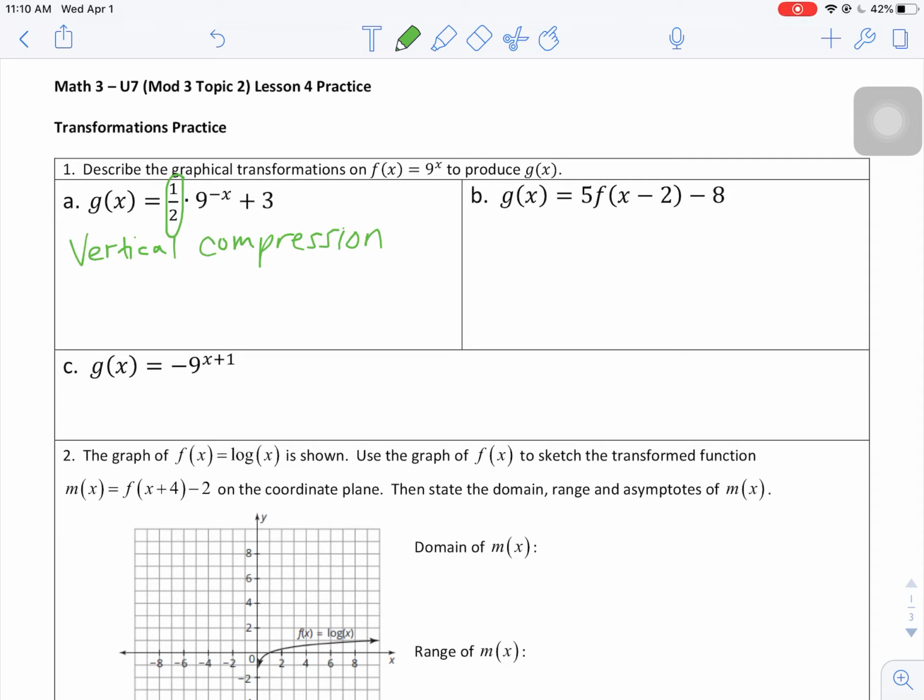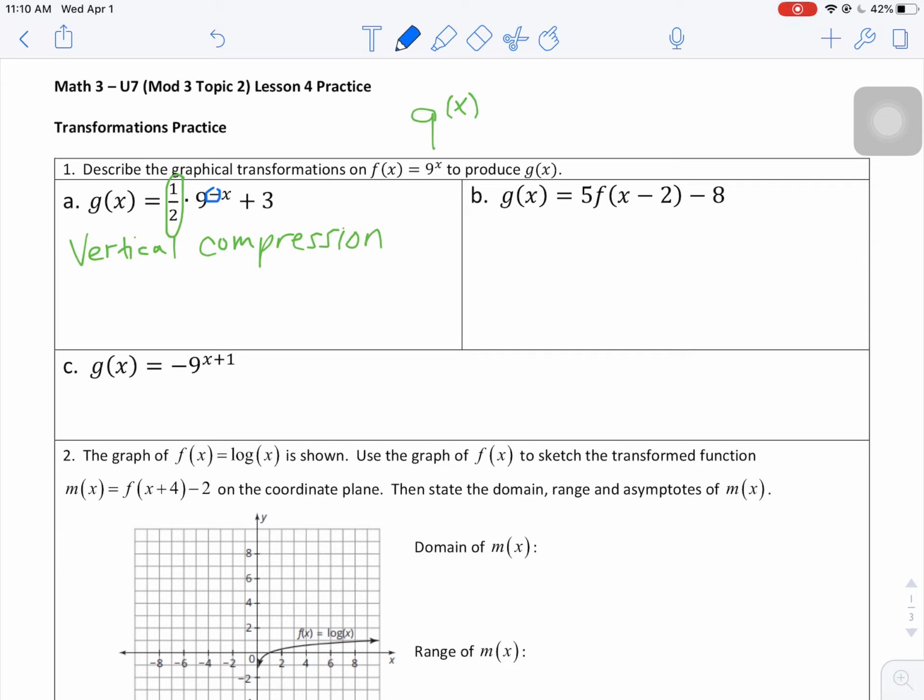As far as the original parent function goes, think of the 9 as 9 to the x, and the x would be in parentheses. So when we look back at our function in part A, the fact that there's this negative sign right in front of the x, that would be kind of inside the parentheses.